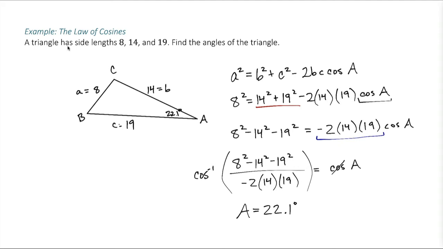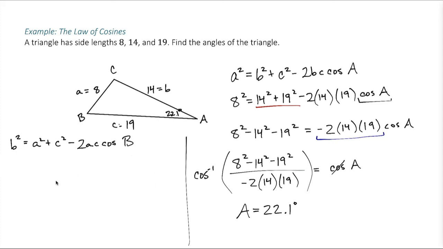Because this is an example about the law of cosines, I'm going to go ahead and use the law of cosines again, just so that we can get comfortable with it. So let's suppose we wanted to find angle B. Okay, then we're going to use the law of cosines, but we won't use this form. We'll use the form that has the angle B in it. Which is B squared equals A squared plus C squared minus 2AC cosine of B.